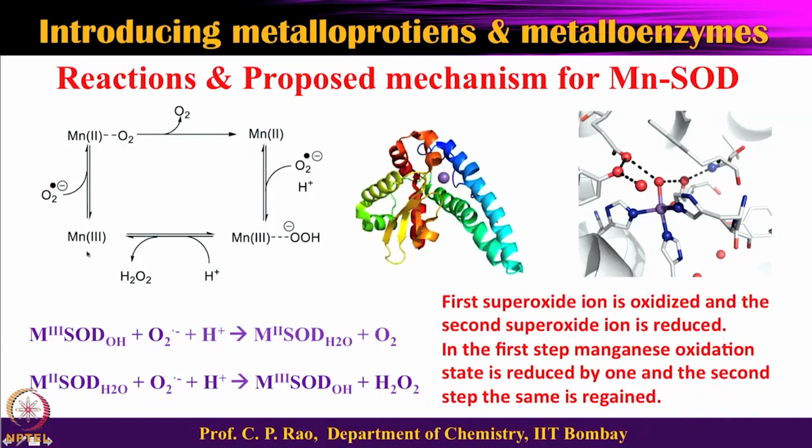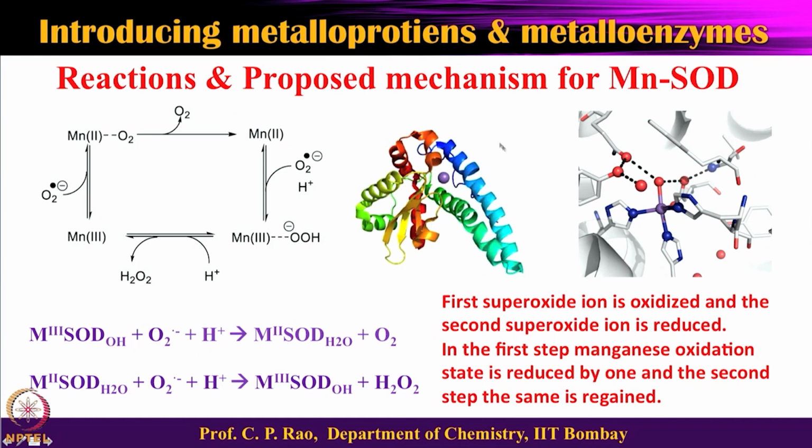Let us look at the kind of reaction that happens in this particular case, and you see the enzyme shown over there. This is one of the units of the total tetrameric protein, called the monomer of the protein. 4 such units join together and form the total protein, and the 4 manganese centers, therefore, have reactivity happening at each stage.